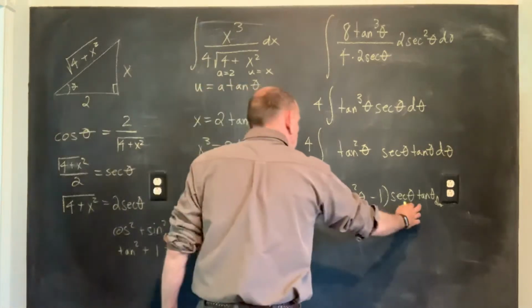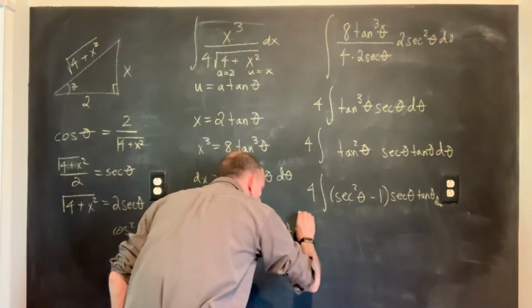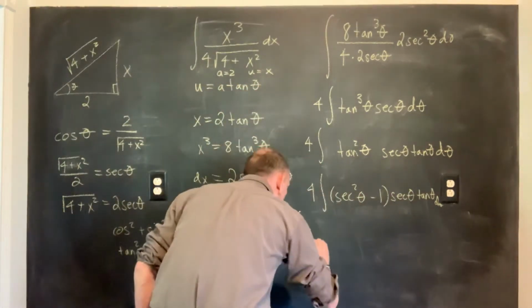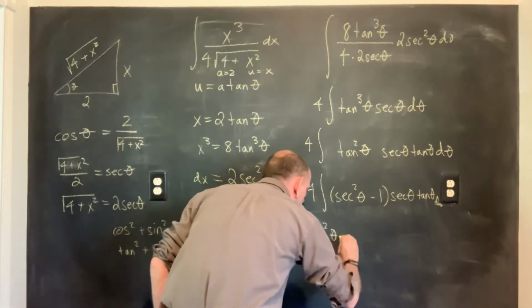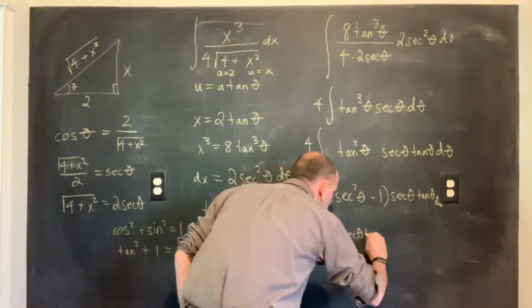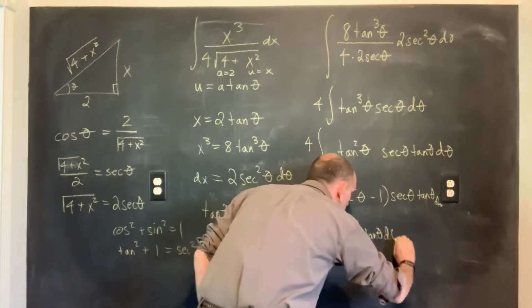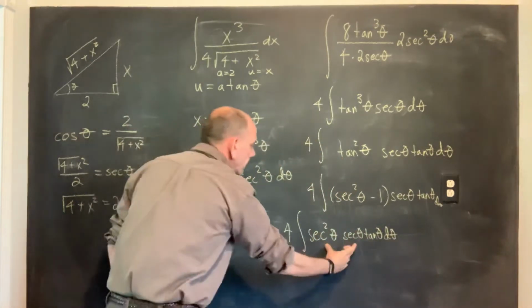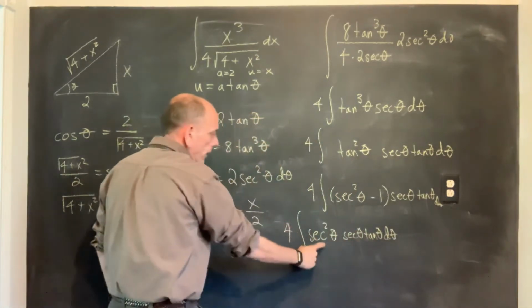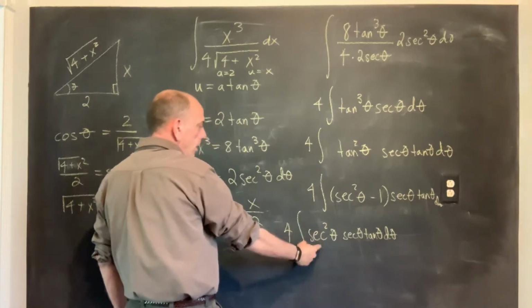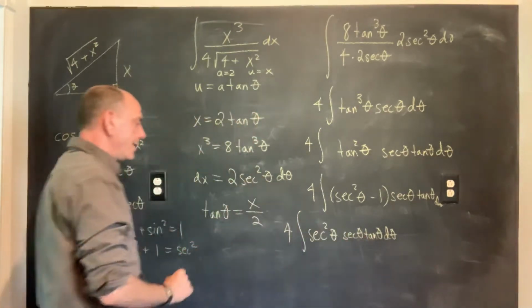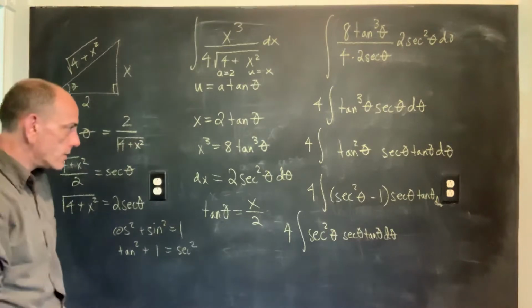All right, so here I've got 4 integral secant squared theta, secant theta, tan theta, d theta. I didn't combine these together because I'm holding that off. I want a u sub right here. This is going to be an easy power rule as long as I've got my du there, secant tangent.